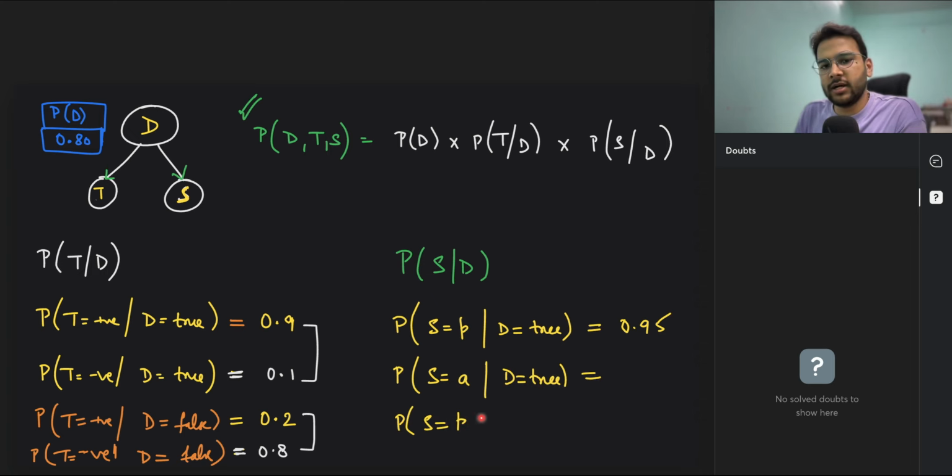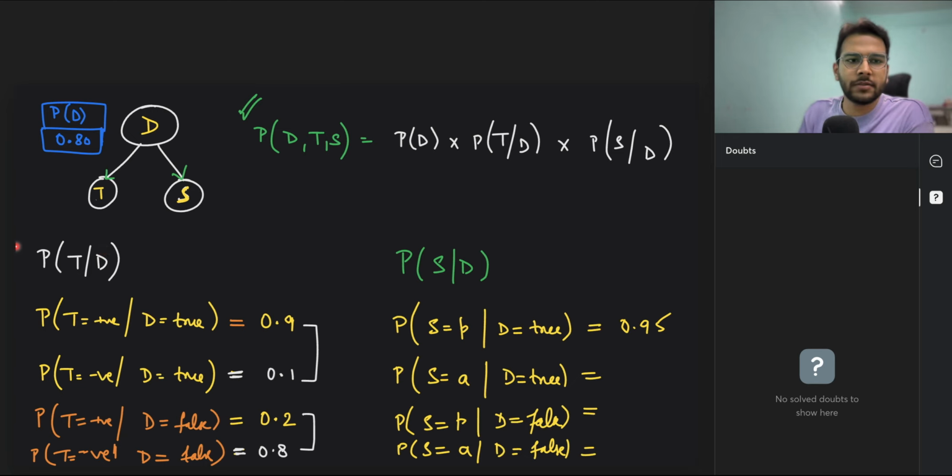Symptom is present given that disease is false. Symptom is absent given that disease is false. Oh, sorry, disease is false. Carefully see this. Let's say this value is given to you, that is maybe 0.1.